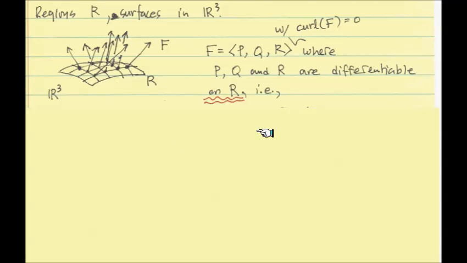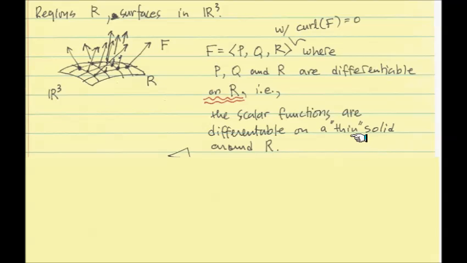And another way is the following. Here I'm pointing at the slide. The vector field has these 3 components P, Q, R sitting inside this 3-dimensional space. To get the idea of differentiability on R, which happens to be just the surface, we have 3 components, and 3 variables if you want to look at this as a function with x, y, z in it.